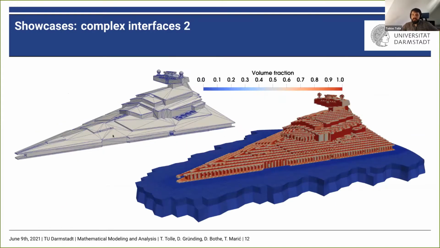Another showcase here is a surface I just got from Thingiverse with rather bad surface mesh quality. But still we get an accurate volume fraction field with no false cells on the outside of this body.